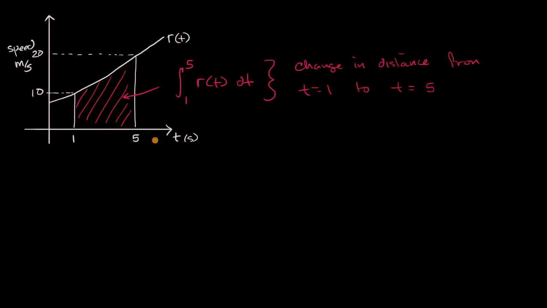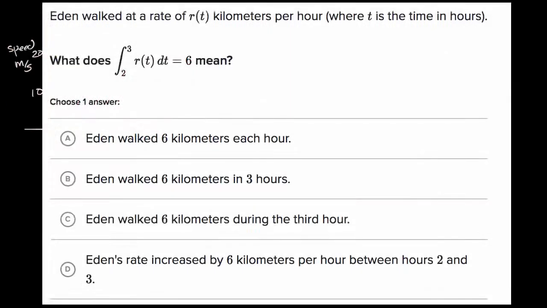Now, with that context, let's actually try to do an example problem, the type that you might see on Khan Academy. So this right over here tells us Eden walked at a rate of r of t kilometers per hour, where t is the time in hours. Okay, so now t is in hours. What does the definite integral from 2 to 3 of r of t dt equals 6 mean?